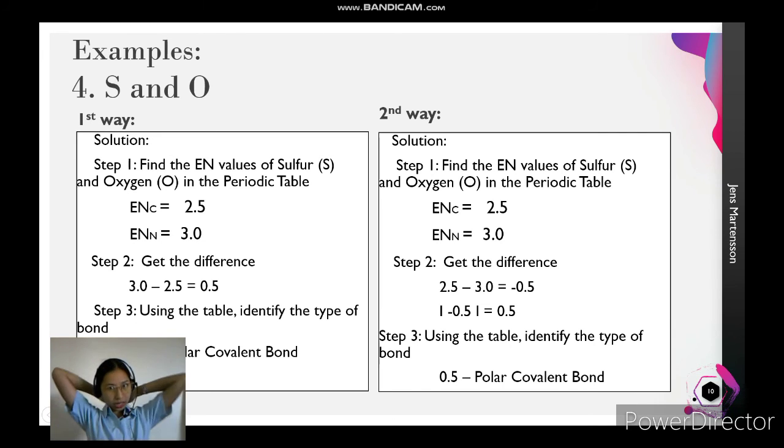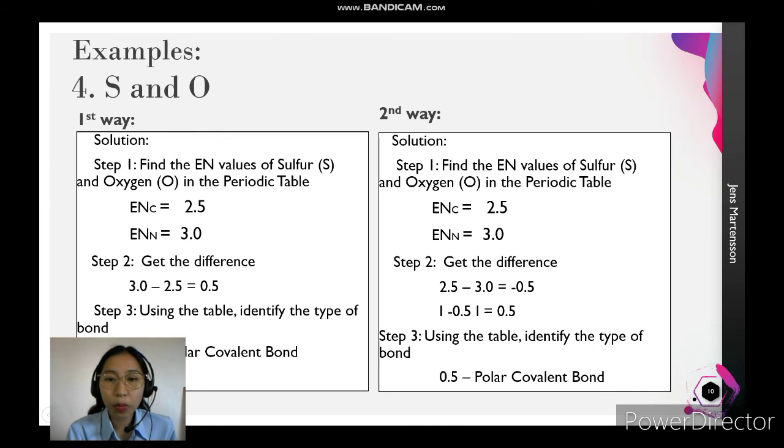Okay, next is the second way, which is used in your module. We have there C, or the electronegativity value for carbon, which is 2.5, and nitrogen is still 3.0. I-minus nato derecho using first the smaller value, so 2.5 minus 3.0, which is the bigger value, and you are going to arrive with negative 0.5.